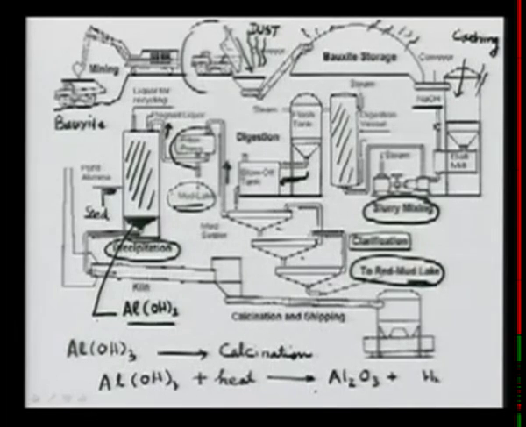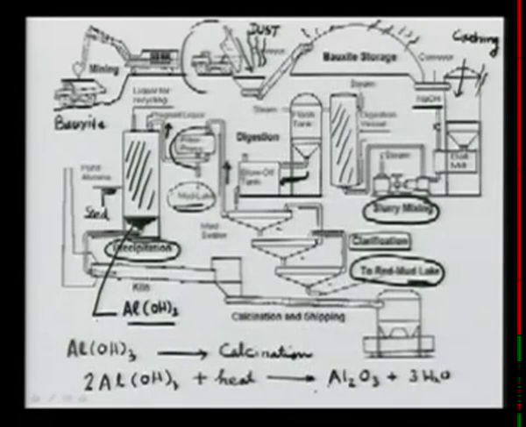The idea is to get the water out and get the calcined alumina. Okay, let's balance it. So this should be 2 here, and Al2 is fine, O3 is 6, hydrogen is 6. So let's put 3 here. I think that sounds like the balanced equation.